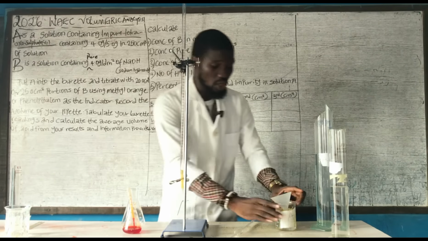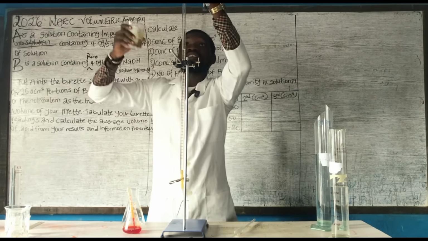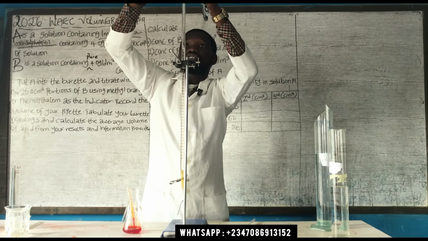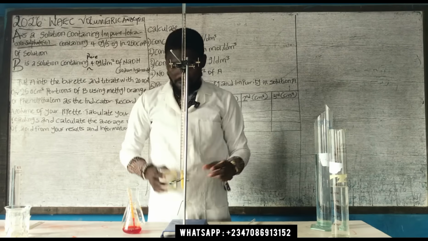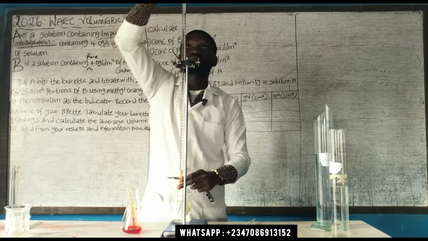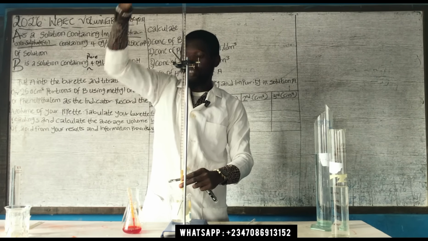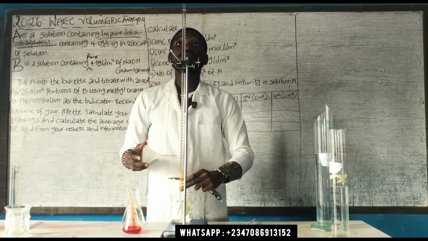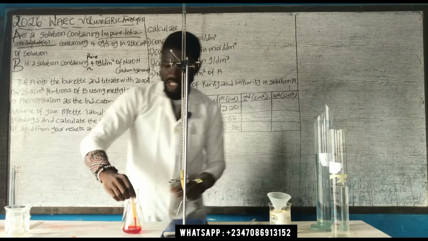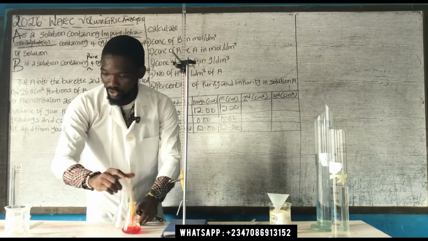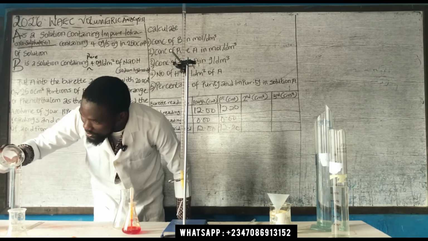But to be on the good side, so we're having a good accurate value, I would advise you to refill the burettes. So when you measure it, we have 25.